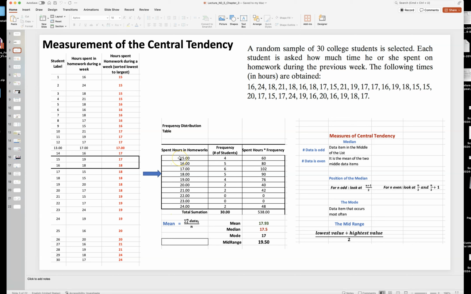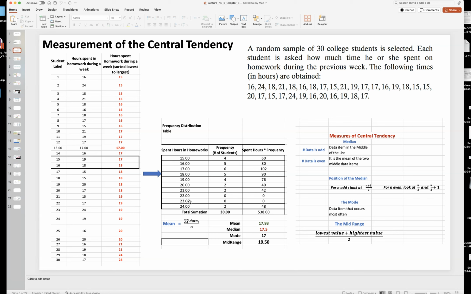And then we collect in a table all those values. Well, I have 15 as an outcome, 16, 17, 18, 19, 20, 21, 22, 23, and 24. Those are my possible outcomes from the sample that I took.